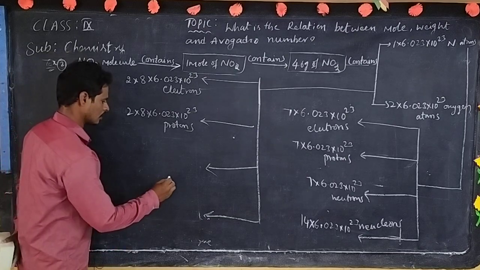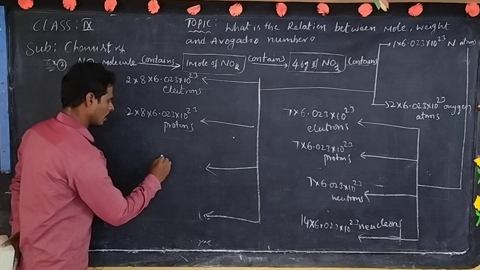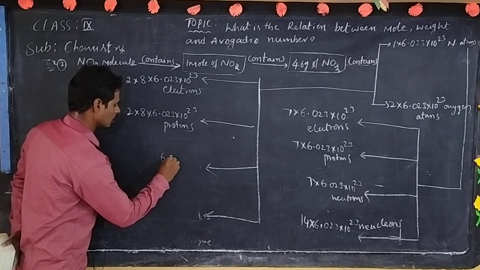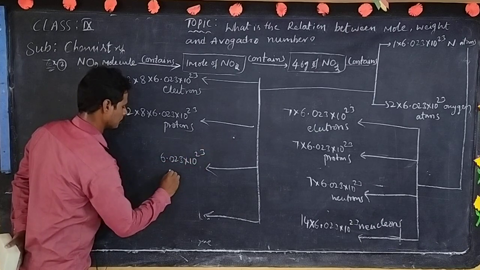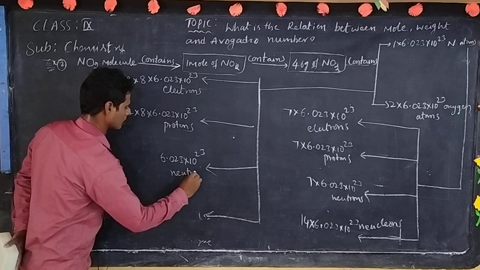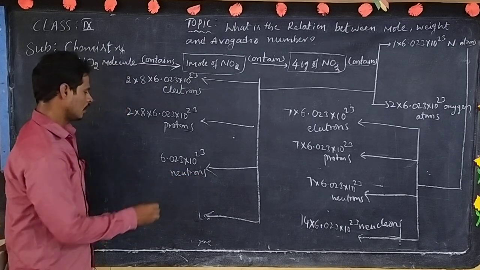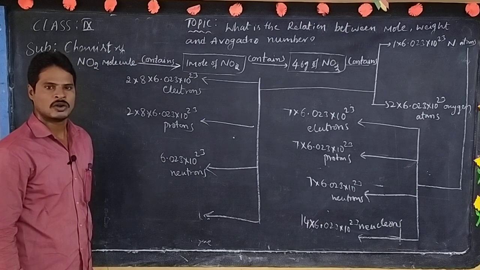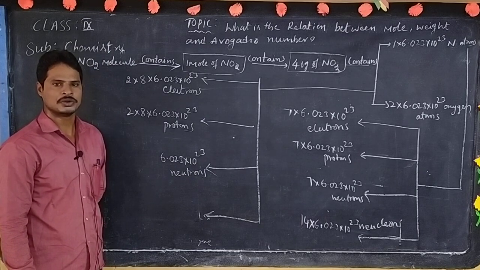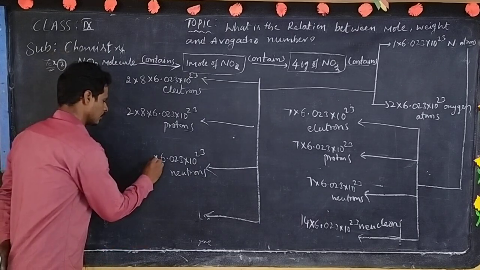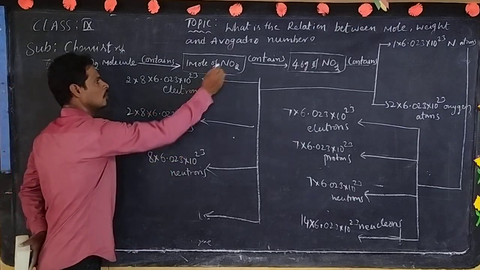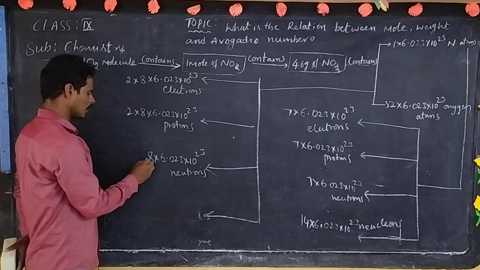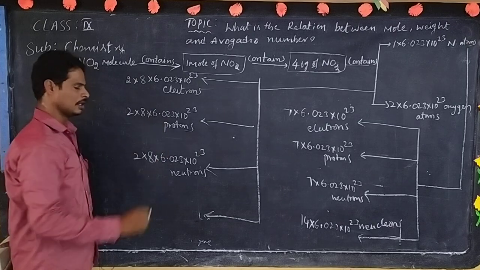Next, neutrons. One neutron contains 6.023 into 10 to the power 23. One neutron equals this one, but oxygen contains 8 neutrons. That's why 8 into this value. But here how many oxygens are there? 2 oxygens. One oxygen equals this one. 2 oxygens means 2 into 8.